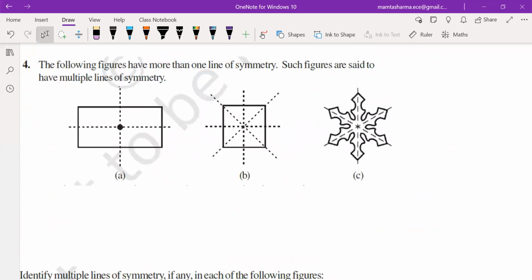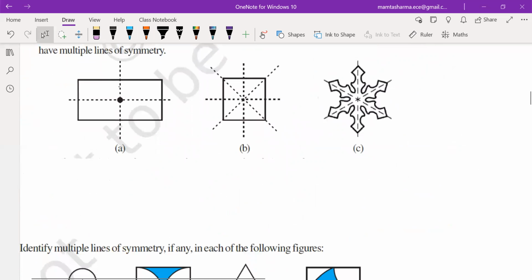If any figure or shape has more than one line of symmetry, then the figure is said to have multiple lines of symmetry. You could see in this first rectangle, two lines of symmetry exist. In a square, how many lines of symmetry would exist? Ma'am, 2. 4.